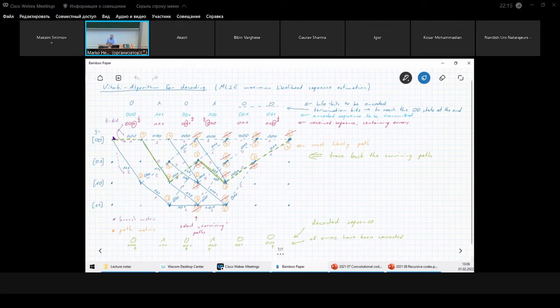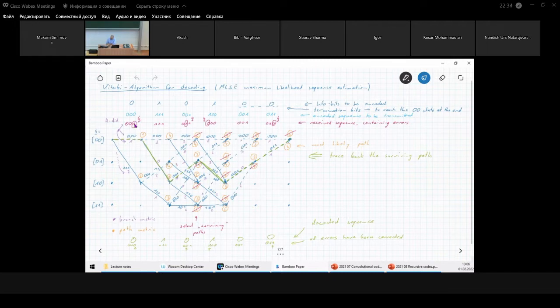So we want to find the sequence which most likely has been transmitted. And the Viterbi algorithm is so-called maximum likelihood sequence estimation. So we find the most likely sequence.